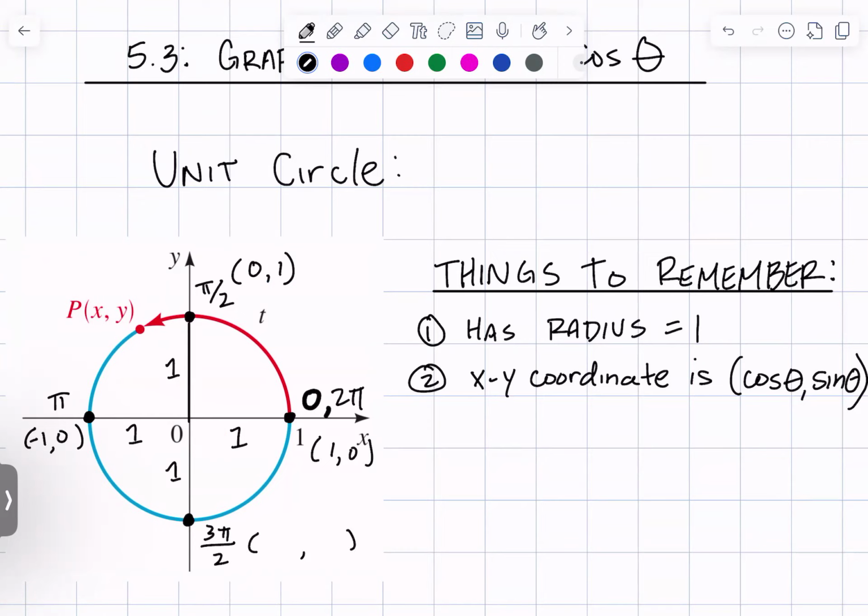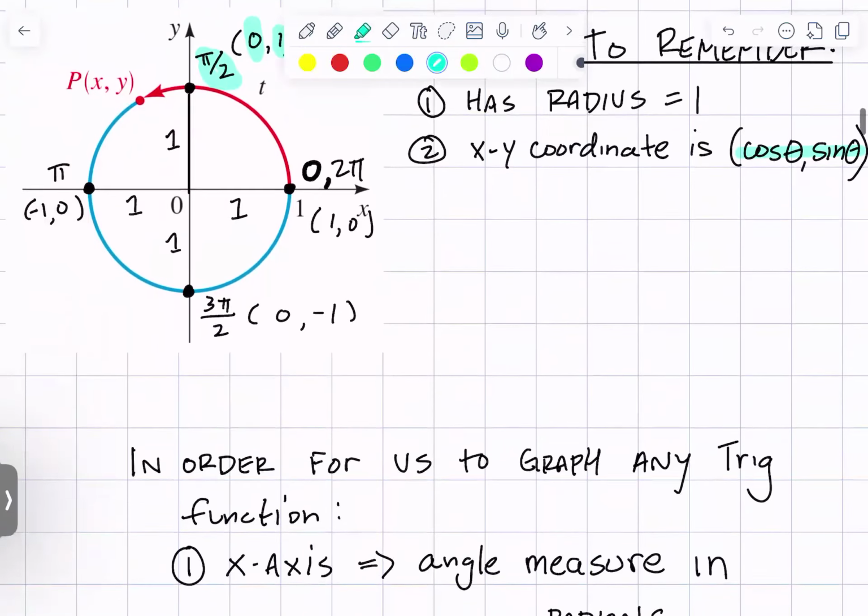And at 3 pi over 2, the point is 0 comma negative 1. And since it has the xy coordinate as cosine comma sine, you know those values, right? So for example, here at pi over 2, the sine value is 1 and the cosine value is 0. So that's what we will need for the unit circle.